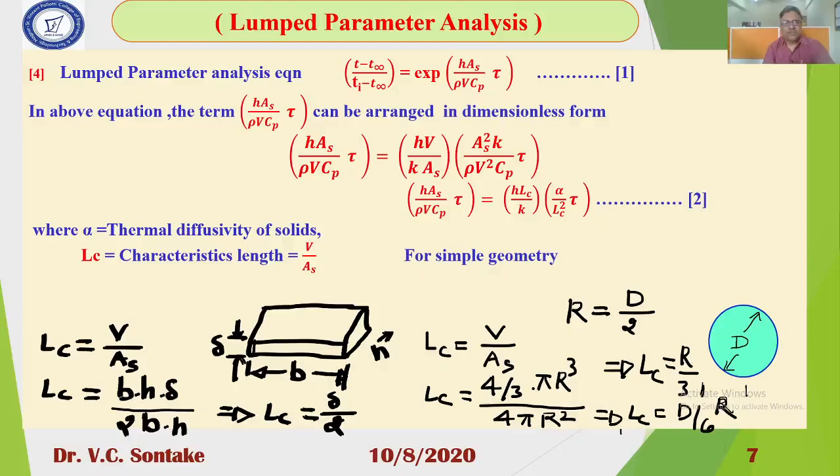So many times we need to calculate this characteristic length depending upon the geometry of the body. So for some of the simple geometries which may undergo a transient heat conduction process, let us calculate the characteristic length.